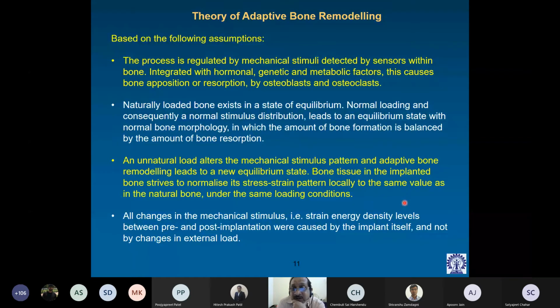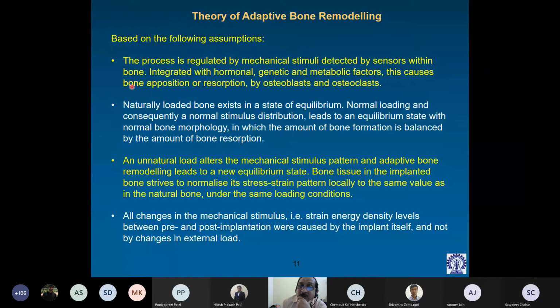Integrated with hormonal, genetic, and metabolic factors, this actually causes bone apposition or resorption. So two things. Bone apposition means increase in bone density. Resorption means basically loss. So one is addition, one is loss.